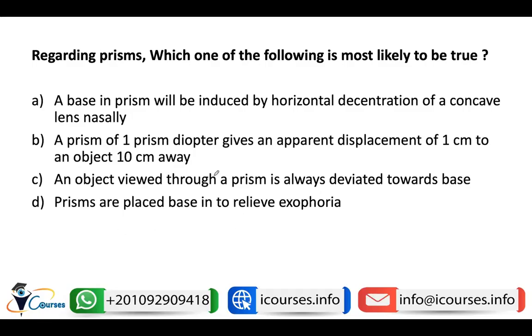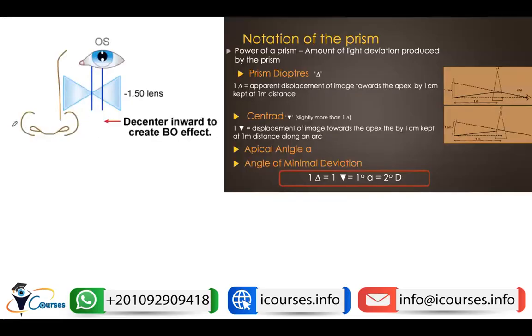Exactly. So what happens if we put a concave lens in front of the eye and shift it nasally? Let's see. Here is the eye and here is the lens causing nasal shift, toward the nose. And now what happens? The center of the lens is no longer in front of the eye.